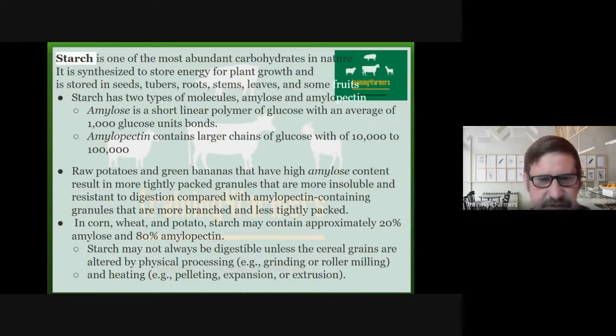So sometimes even our cereal grains need processing to make them more digestible because they've also got some amylose in, which is the less digestible of the two starches and so on. Okay, so that's starch.